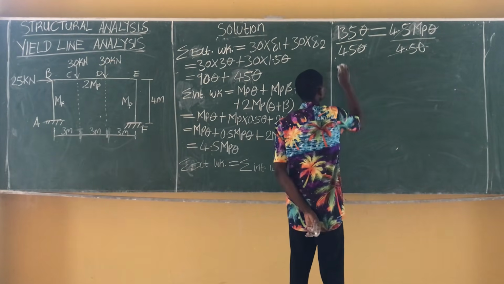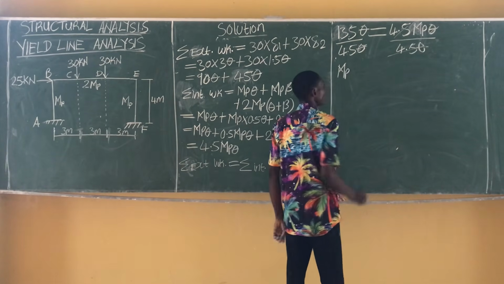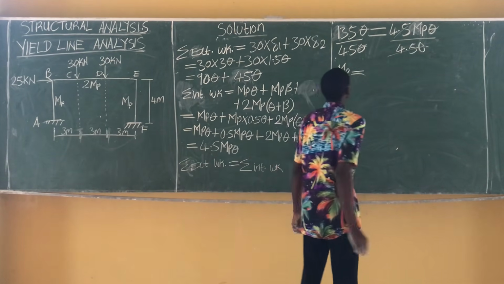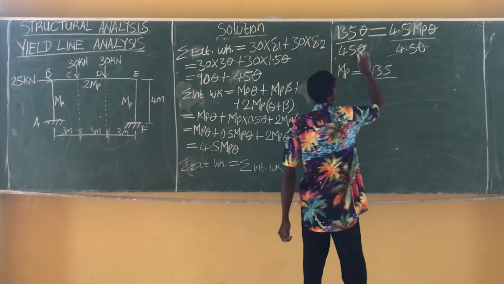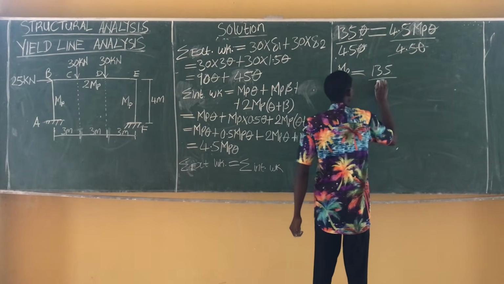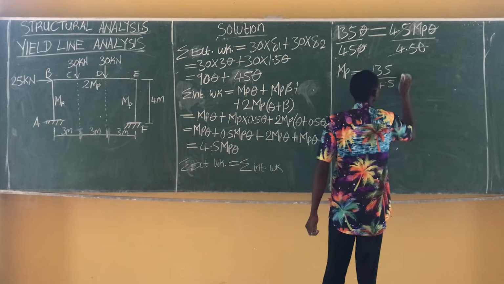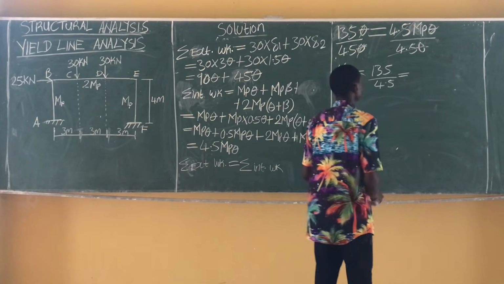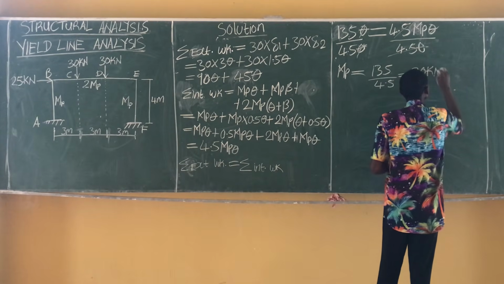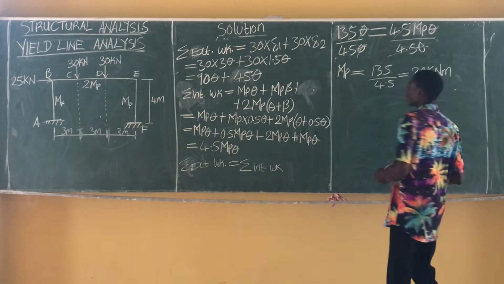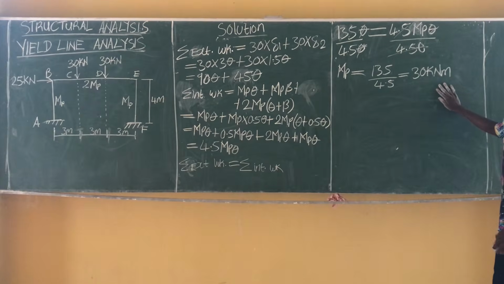Hence, our MP plastic moment for our beam mechanism is equal to 135 over 4.5, and that's equal to 30 kilonewton meters.